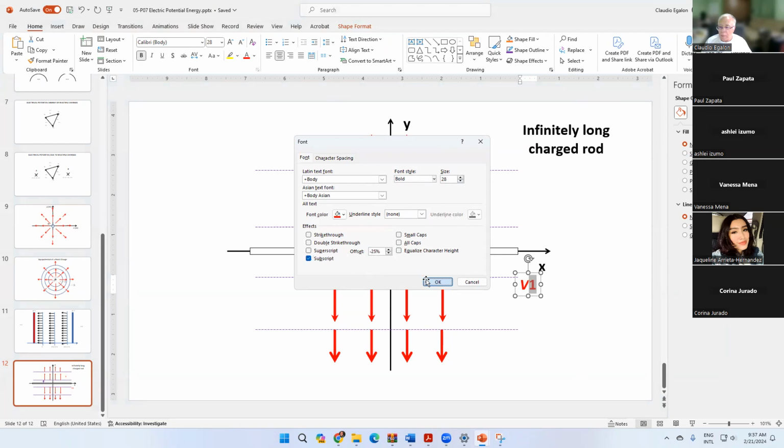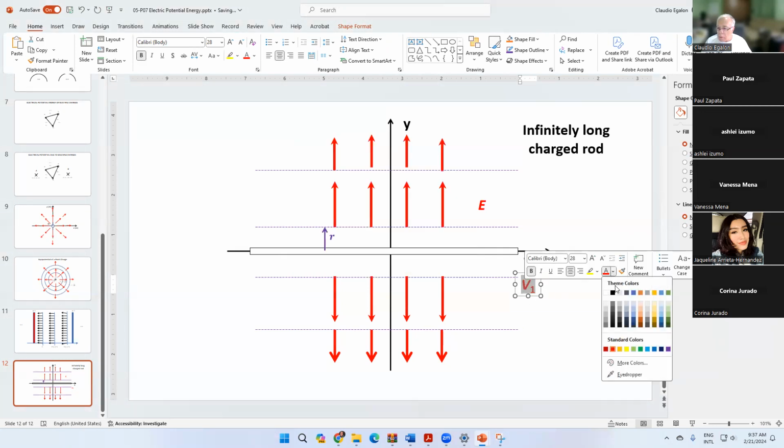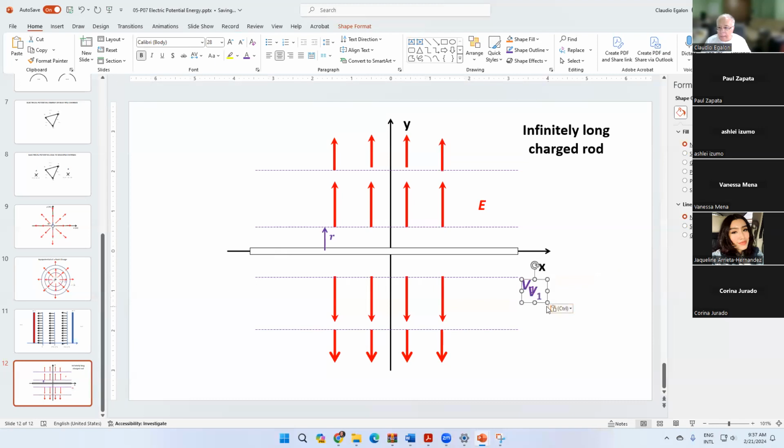Subscript. I will change color. And because we have symmetry, this one is going to be V1 as well. The equipotential in this case is a cylindrical surface that I'll call R1, right? Radius 1 from this cylinder.